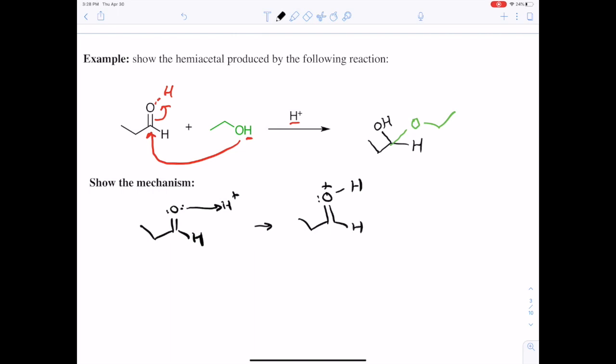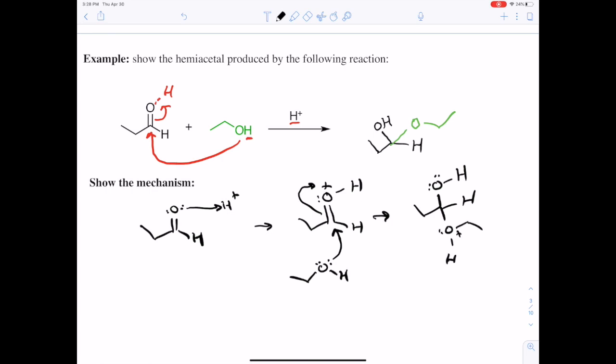And then our alcohol will attack this. This still has the hydrogen on it.